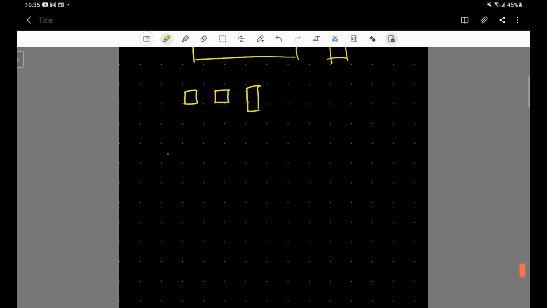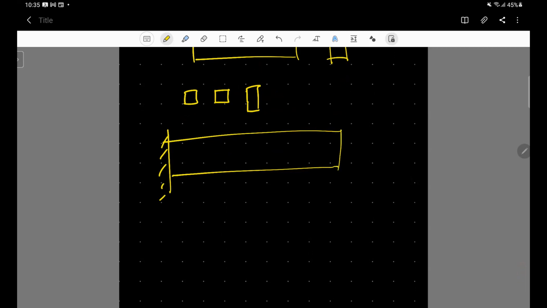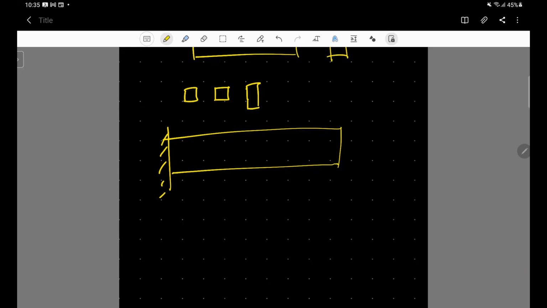So for example, now if you are looking at, let's say again, a bending problem, a cantilever beam, which is subjected to, say, a certain type of loading at the very end, you can use different types of elements.